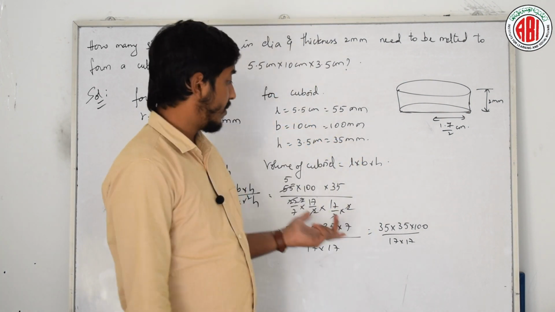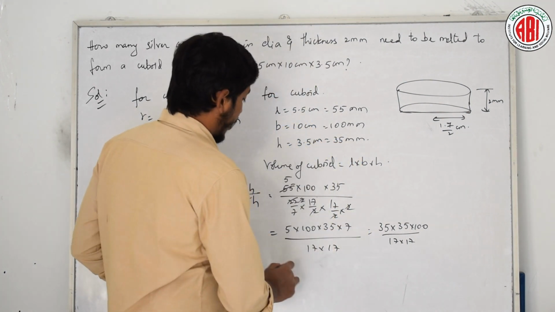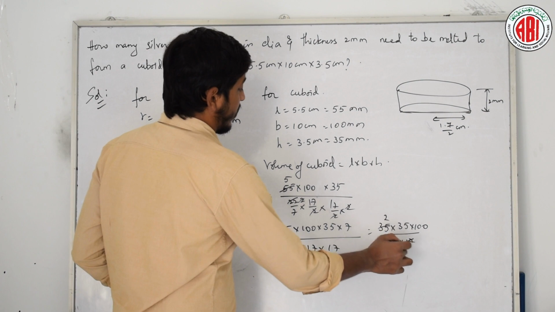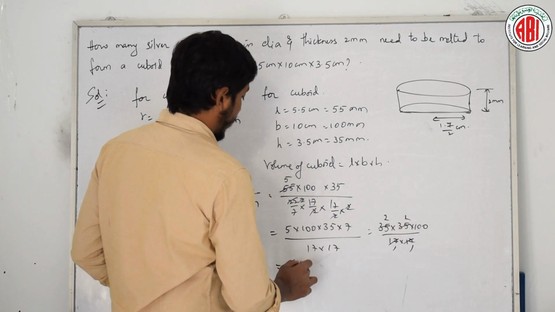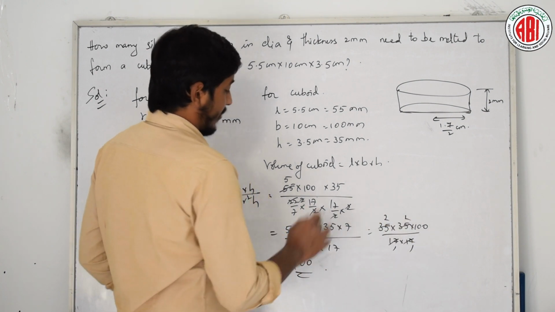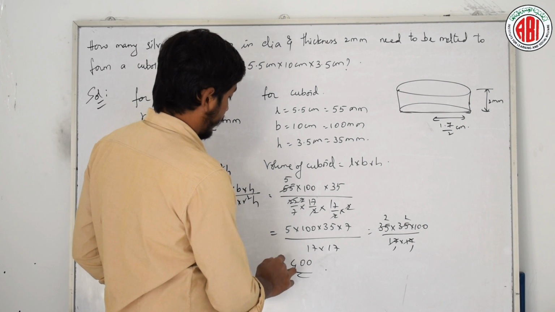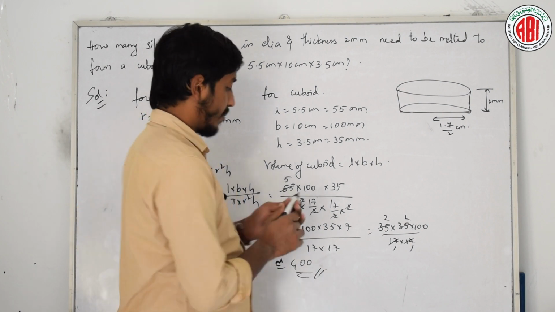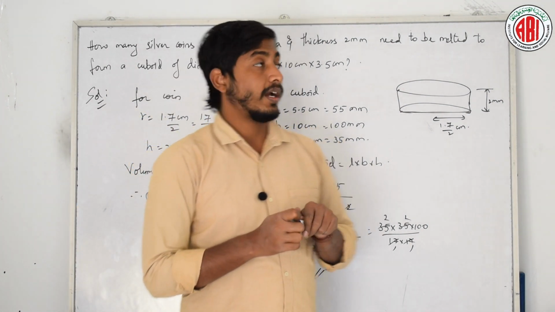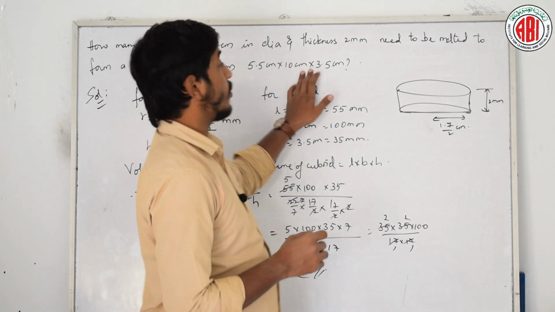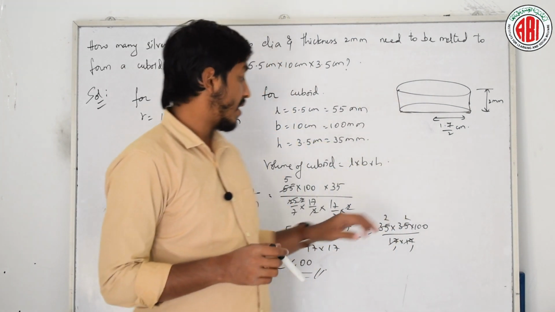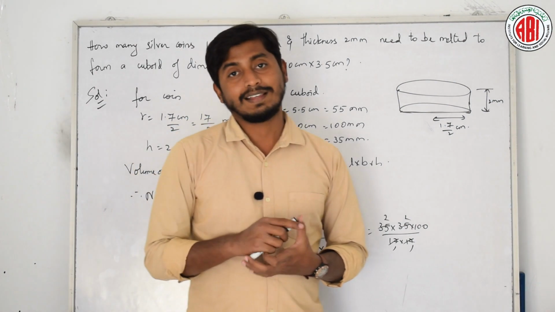On an average we can do 17 ones are 17, 17 twos are 34. This can become 400 approximately. Therefore the number of coins required to make a cuboid of these dimensions is nothing but 400 coins.